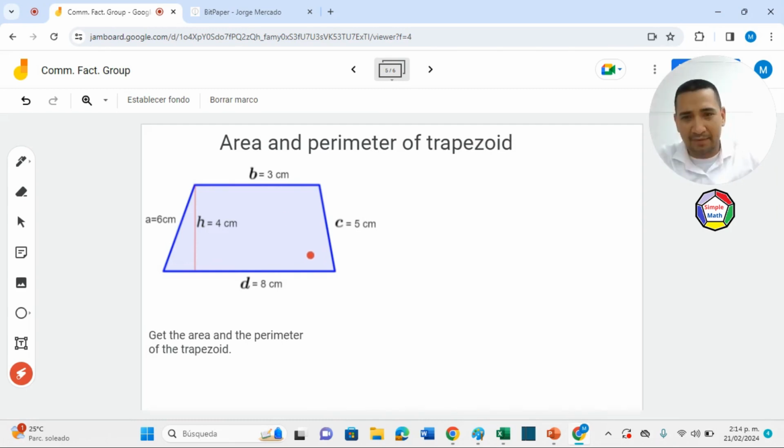But first, get the perimeter. Remember, the perimeter is the addition of all the sides.